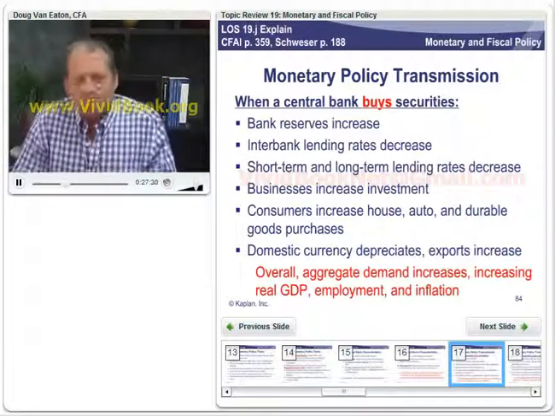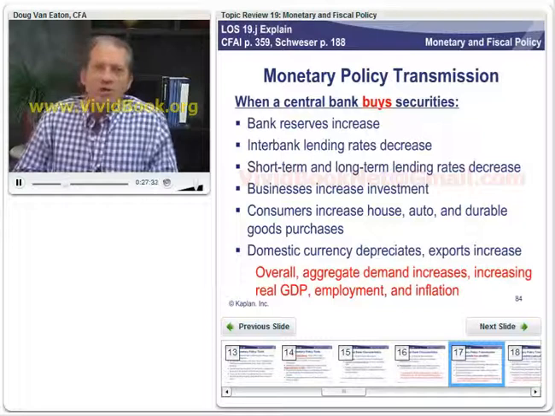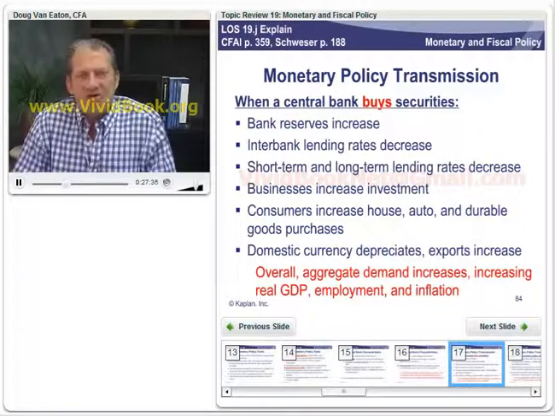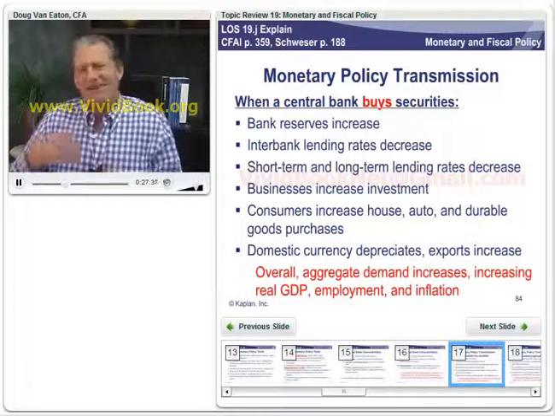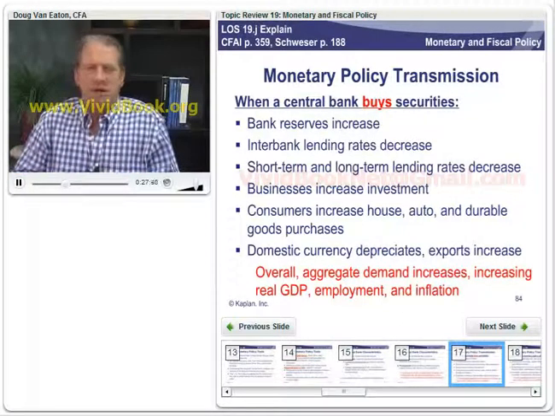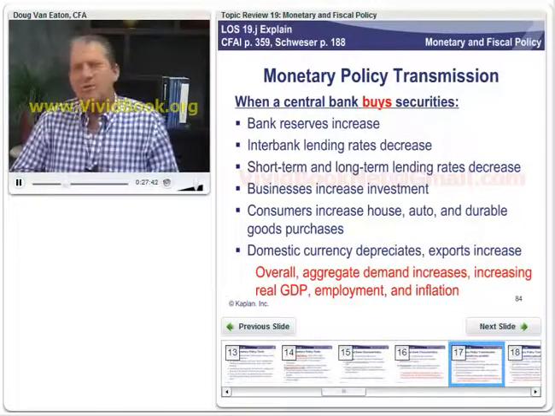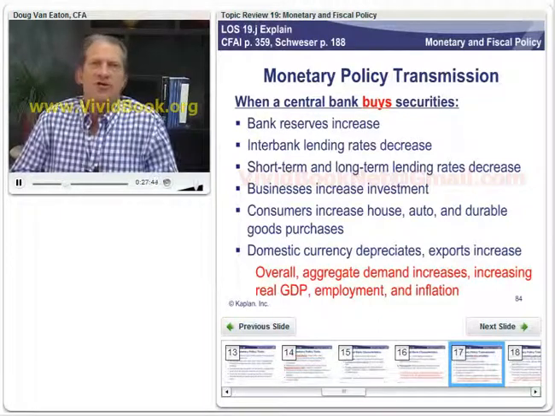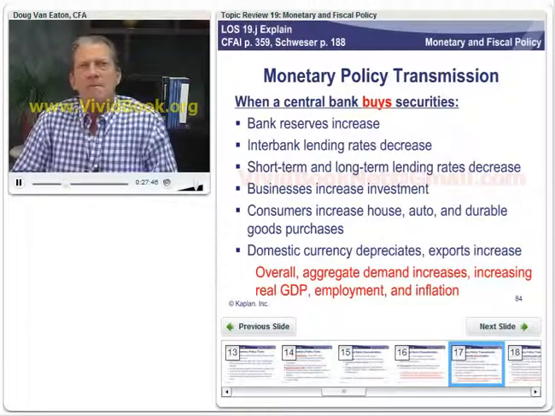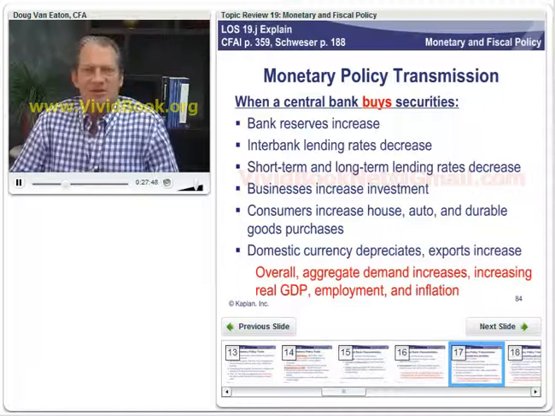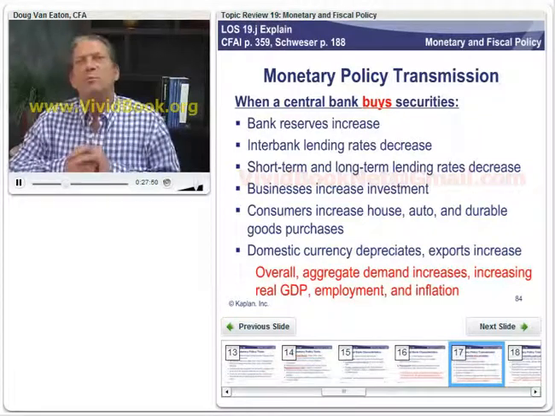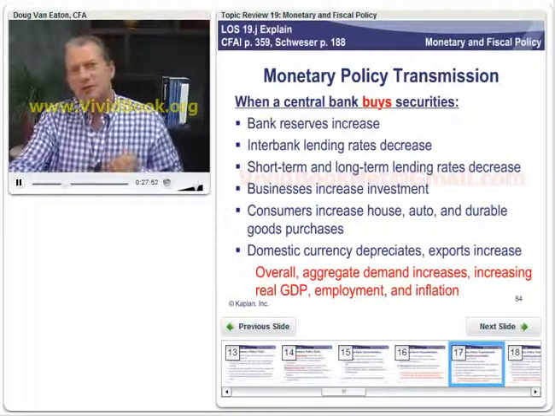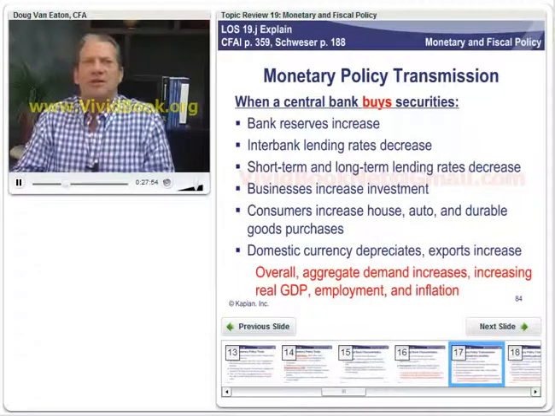Okay, so this part is important here. Monetary policy transmission. How does this work? How does it work its way through the economy? You say, well, we expand the money supply and people buy more houses. Well, how does this work? Well, when the central bank buys securities, they're putting cash out there, taking securities back, so the money supply is increasing.